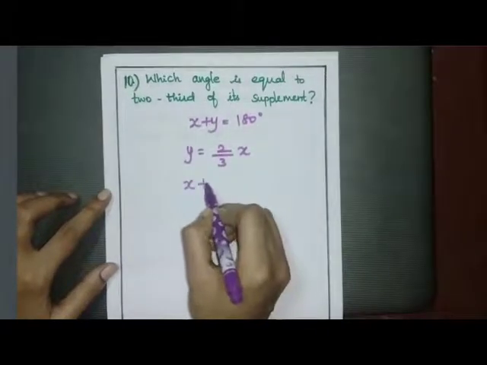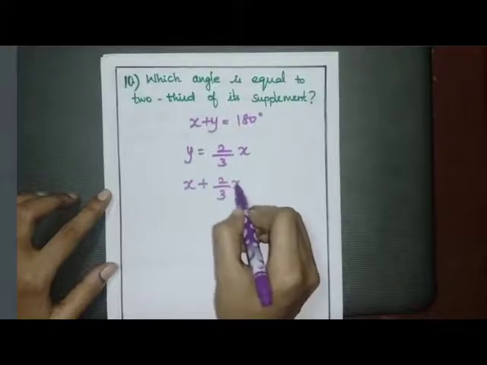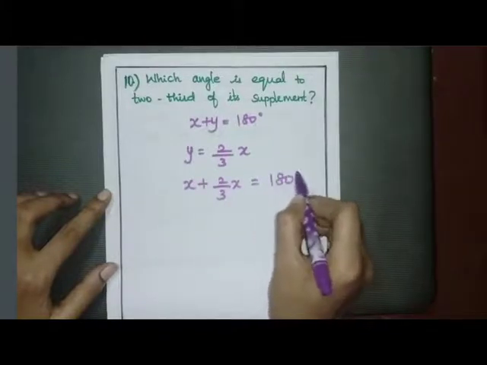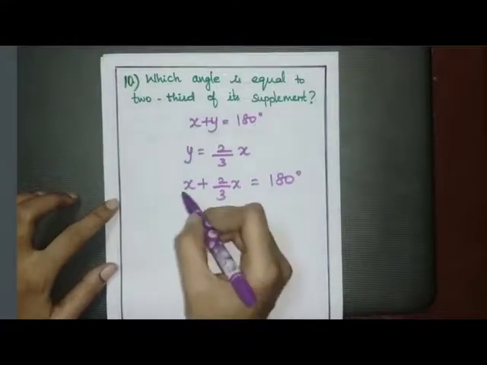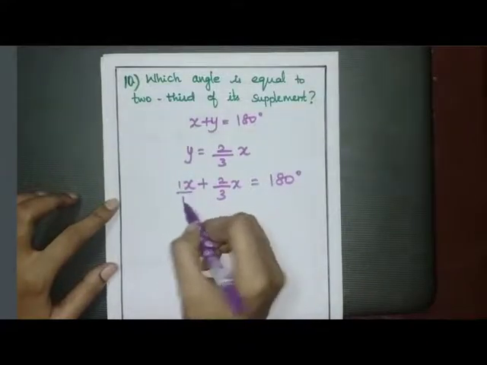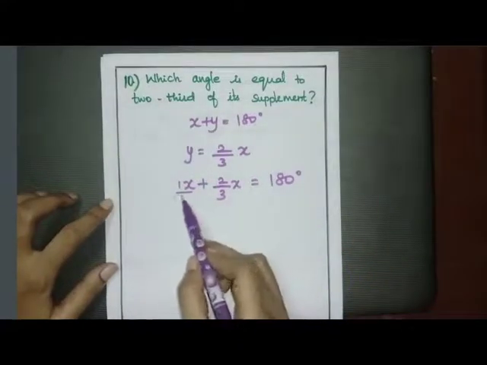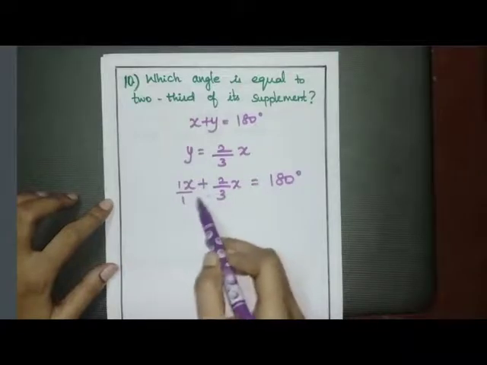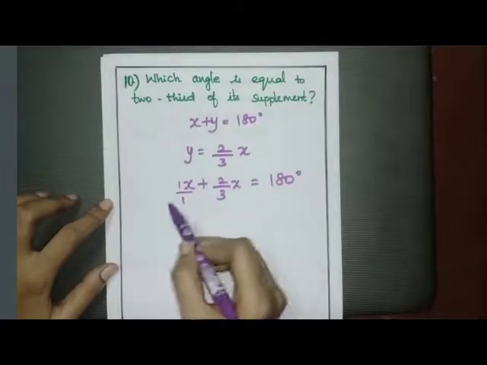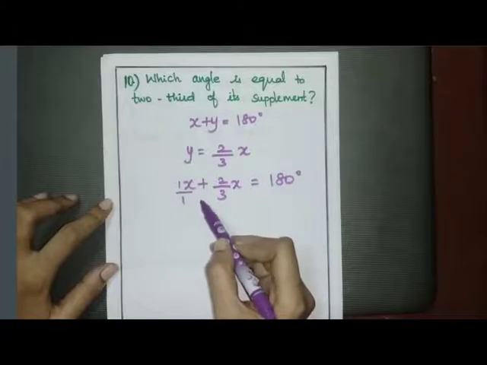So x plus 2 by 3x is equal to 180 degrees. Here x has denominator 1. You cannot add these two terms because the denominators are different, so you have to take the LCM.